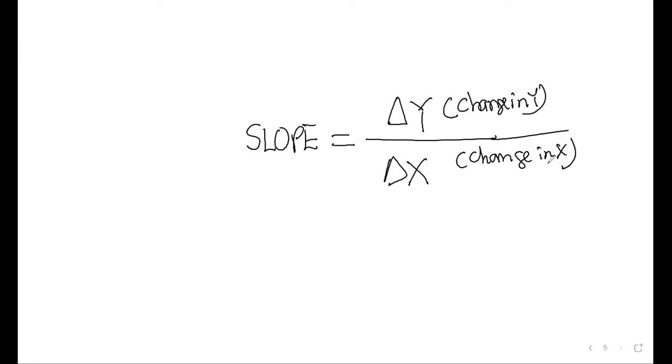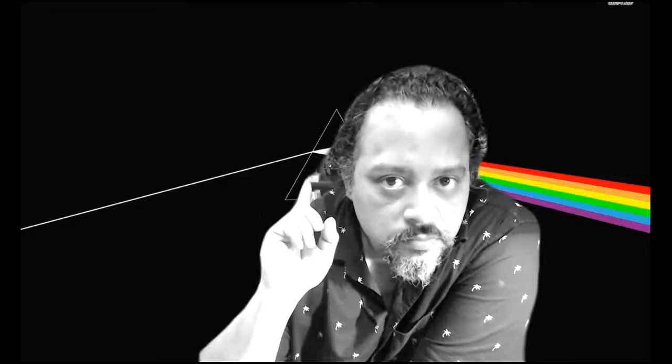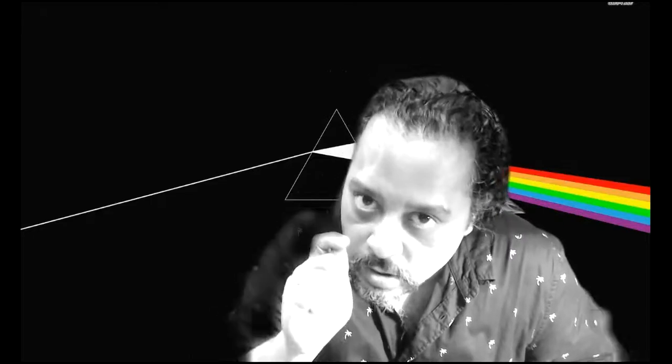Change in y over change in x. Yes, sir. Okay. Now slope is a ratio. Ratio is a mathematical way of comparing two things. The reference variable is always the variable at the bottom, which is the denominator. The variable that we want to change, measure, or want to see how it is changed, that is always on the top.